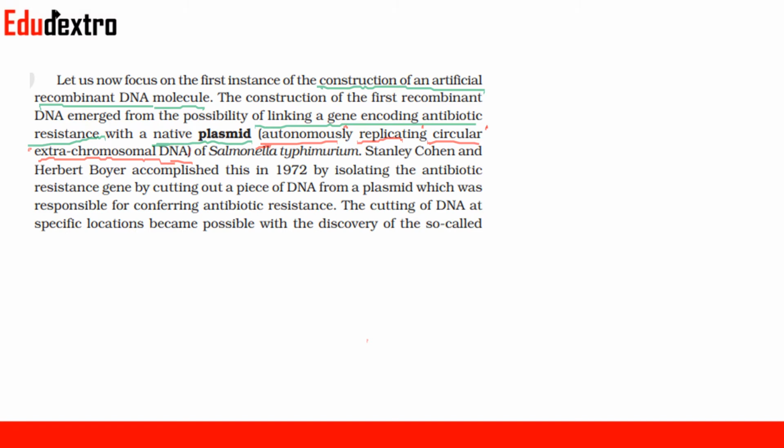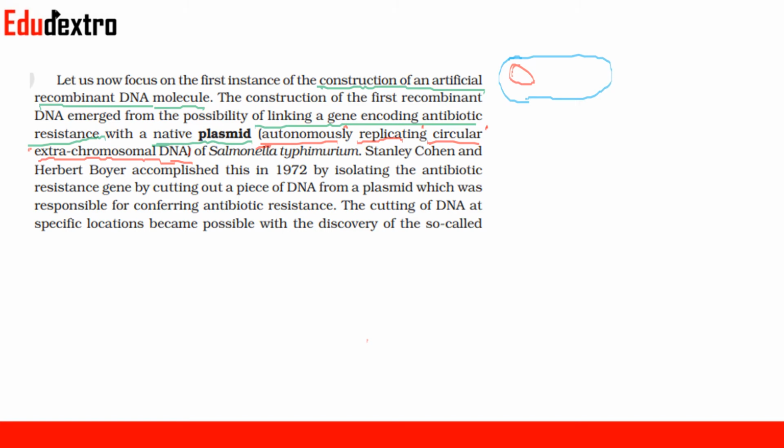So if this is your cell, then apart from your genetic material, there is a circular structure called the plasmid. The possibility arose when we linked a gene which encodes antibiotic resistance with this native plasmid.